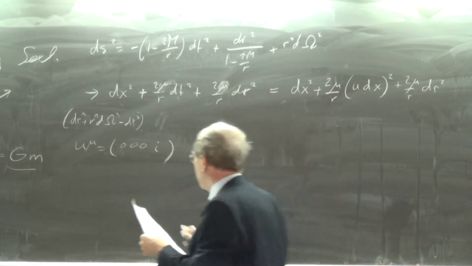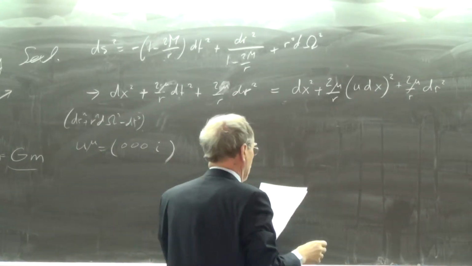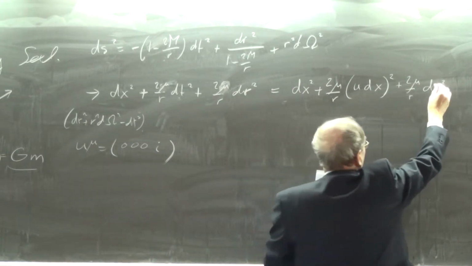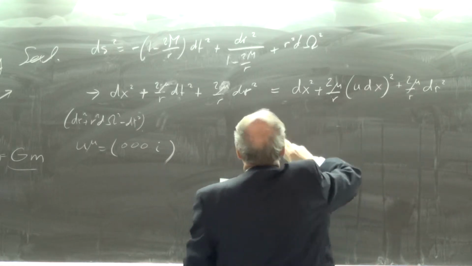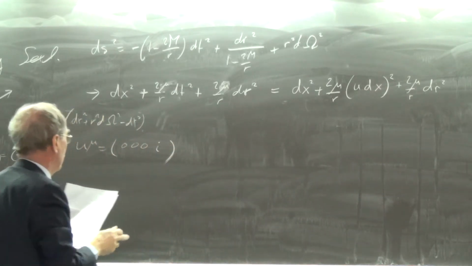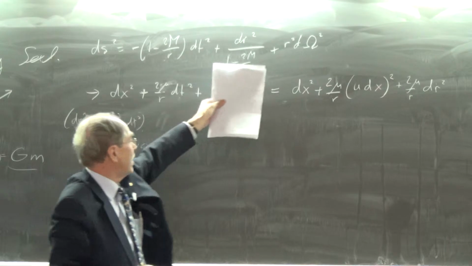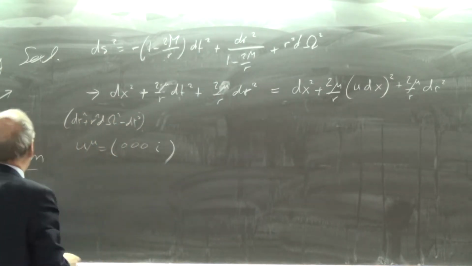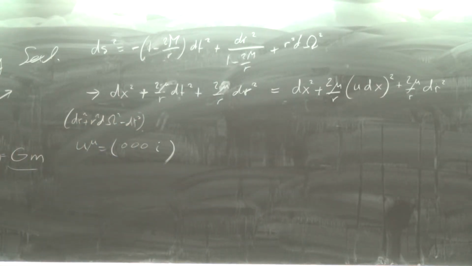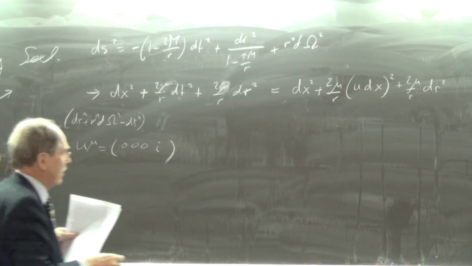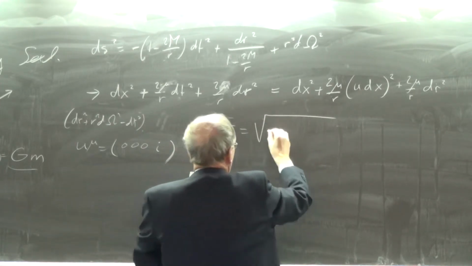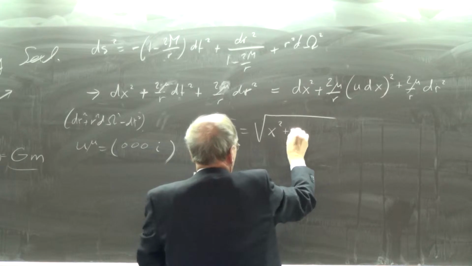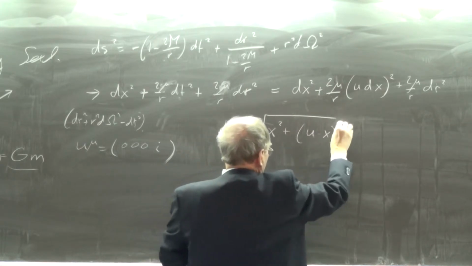Where r is a space-like component only, so this is just the radial distance only. So the radial distance r doesn't change if I boost the particle, let's say, in the z direction. No, that's not the way I say it. r is defined as the square root of x squared plus u dot x squared.